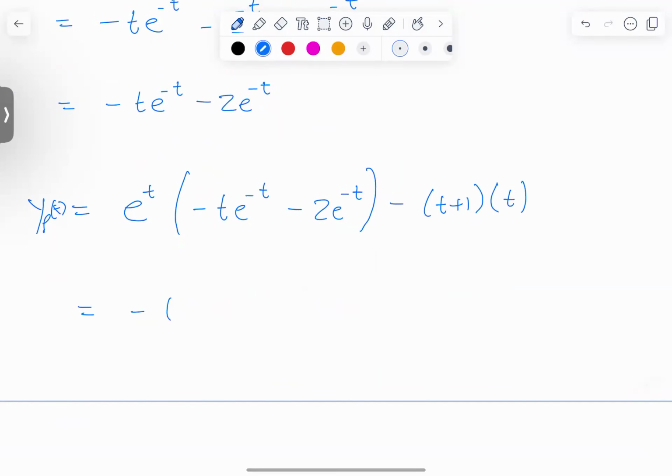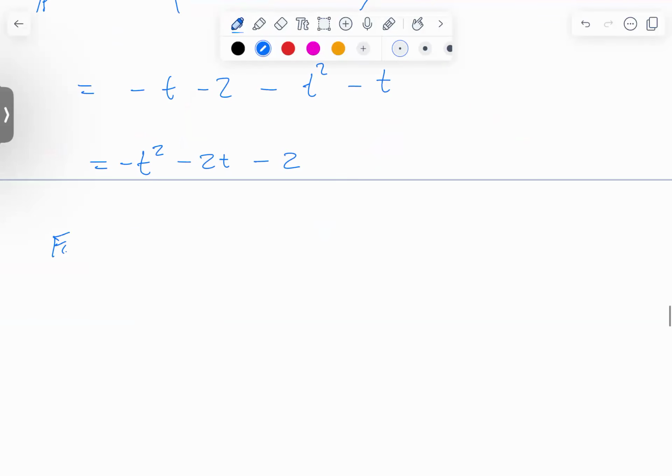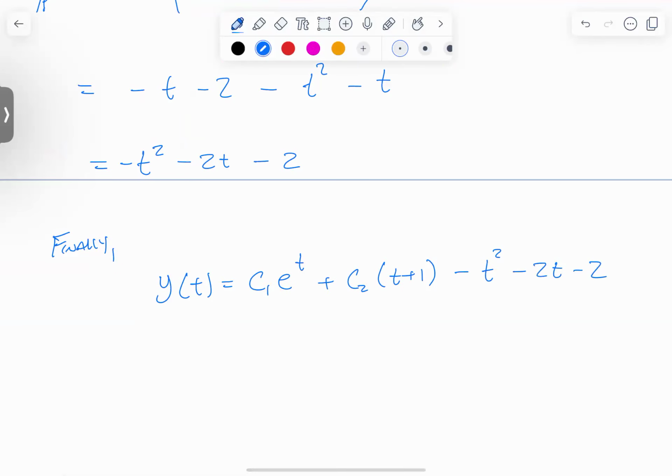That becomes negative t, that goes away, minus 2, minus t squared minus t. So we end up with negative t squared minus 2t minus 2. All right, finally. y of t is then c1 e to the t plus c2 t plus 1 minus t squared minus 2t minus 2.